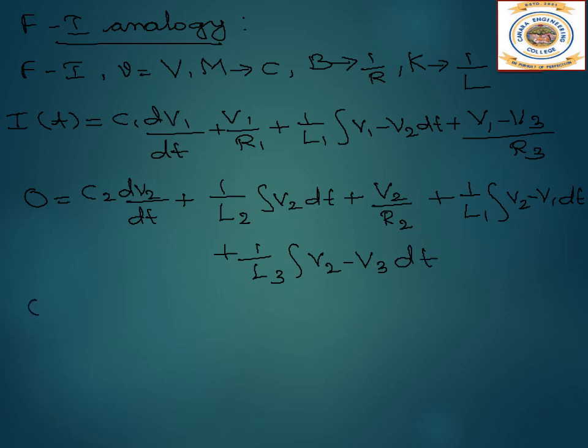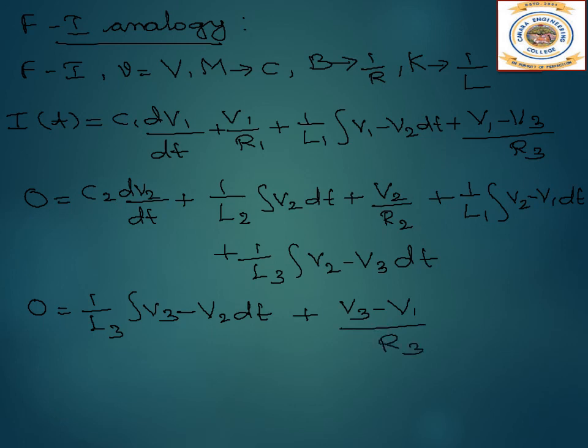Coming to the third equation, 0 equal to 1 by L3 integral V3 minus V2 dt plus V3 minus V1 divided by R3. So these are the three equations.